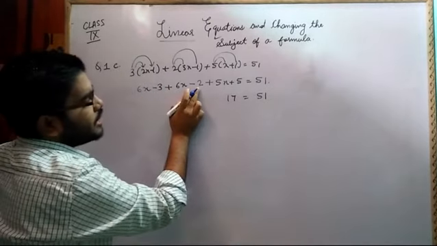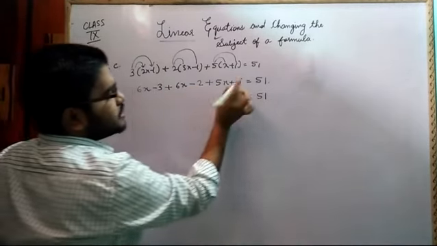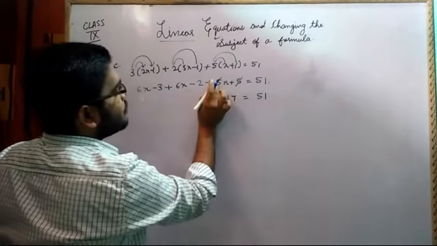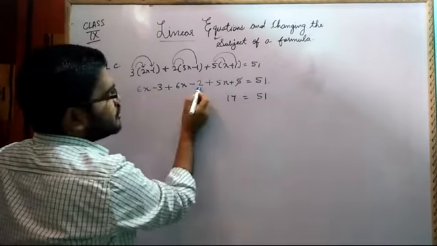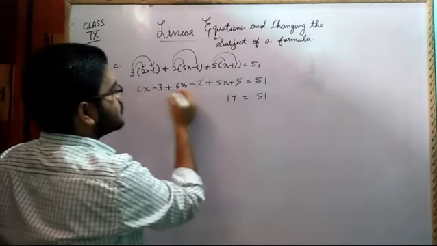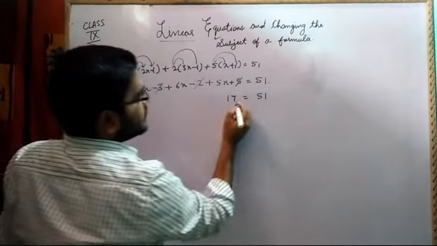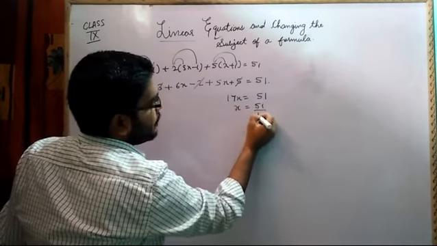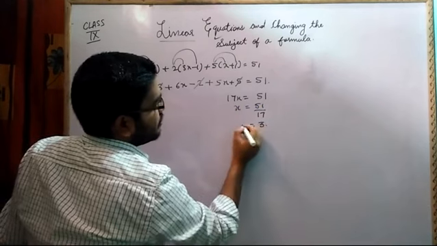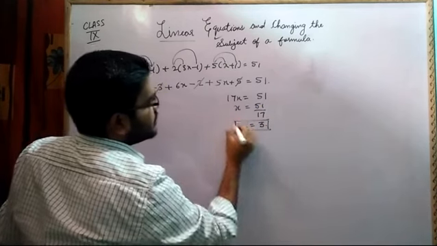Transfer minus 3 minus 2 minus 5: minus 3 minus 2 is minus 5, and minus 5 plus 5 is 0. So this all will be cancelled. Now it is 17x is equal to 51. So x will be equal to 51 upon 17, that means 3. So your x value is 3.